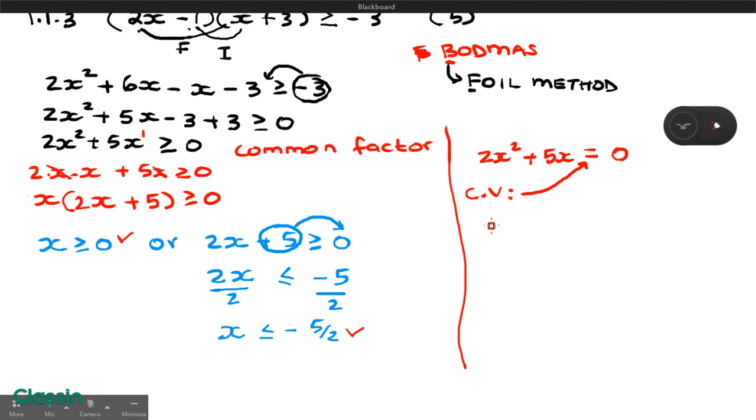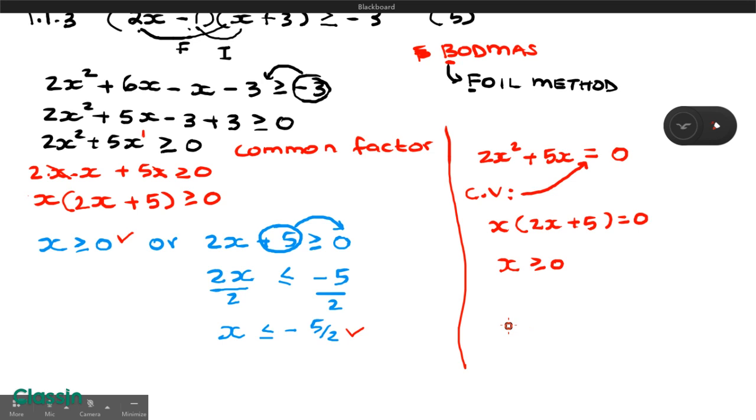So, in this case, you're going to have x into 2x plus 5 equal to 0. Now, here we can see that x is equal to 0. Therefore, the sign does not change. x is still greater or equal to 0.